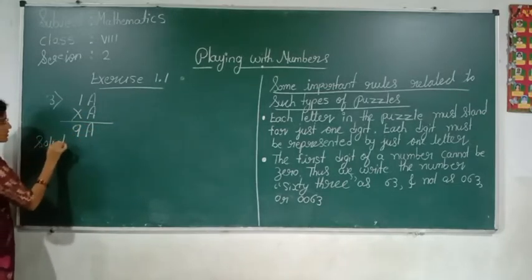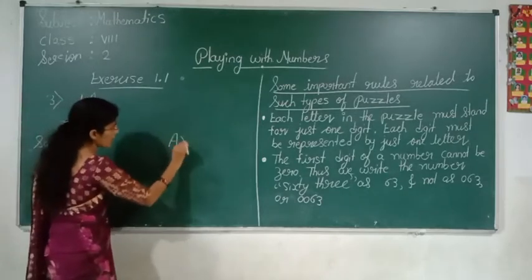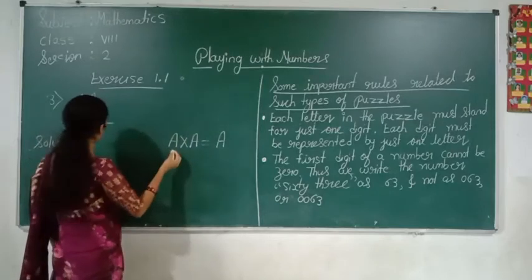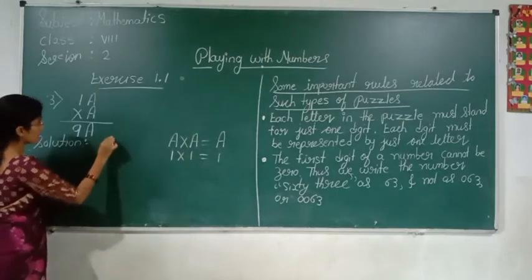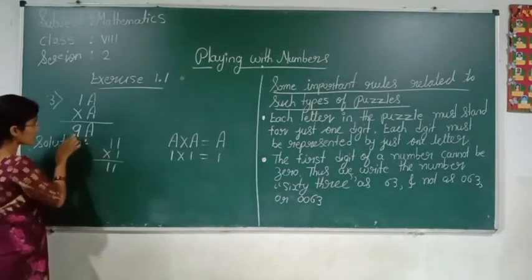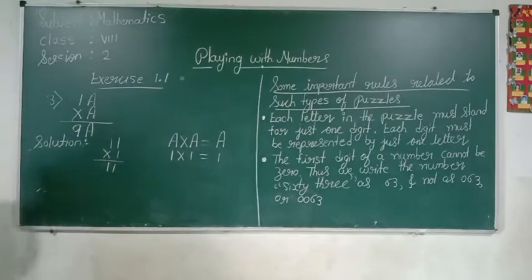See the solution. We want A into A to be A. See here, if I substitute 1, ones are 1 will come definitely, but it is coming 11 only. But here I want 9A. I want 9 here. That's why this is not correct.